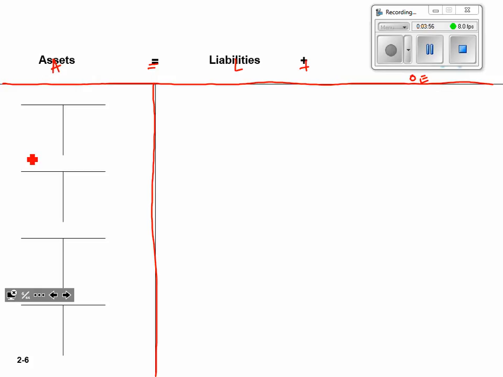There is. Here's our left side of the T. What's the only thing on the left side of the T? Assets. Here's our right side of the T. There's actually 2 things there, liabilities and owner's equity. Okay, so I know left and right. What word goes with left? Debits on the left, credits on the right.